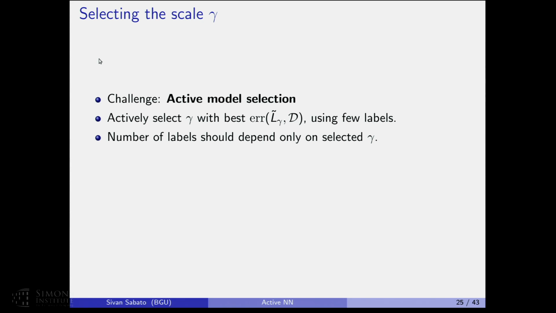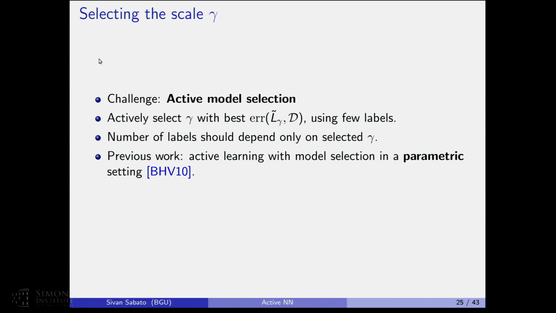What we want is that the number of labels used during this model selection algorithm should only depend on the selected gamma. Why? Because the selected gamma is what I'm going to guarantee in the end. So if I'm getting you a good gamma, it's okay that I'm using a lot of labels for that good gamma. But I don't want to use a lot of labels for something that I'm not even going to use later. That's our challenge.